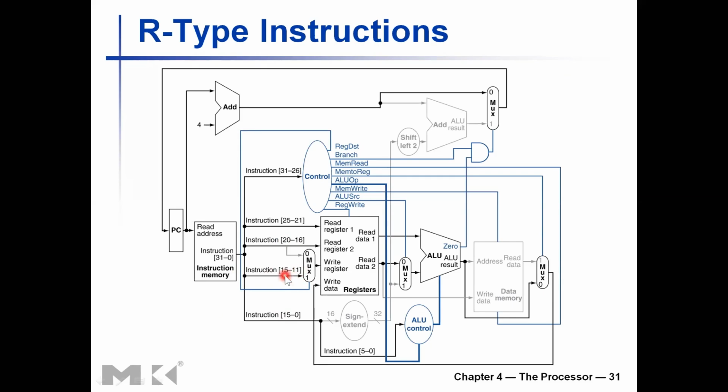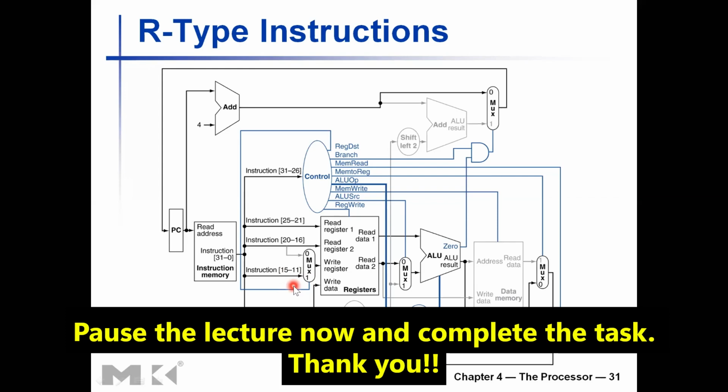So in order to select this input from the multiplexer, what value do we need to send on this control signal? Can someone tell me? 0 or 1? 1. Yes, that is correct.